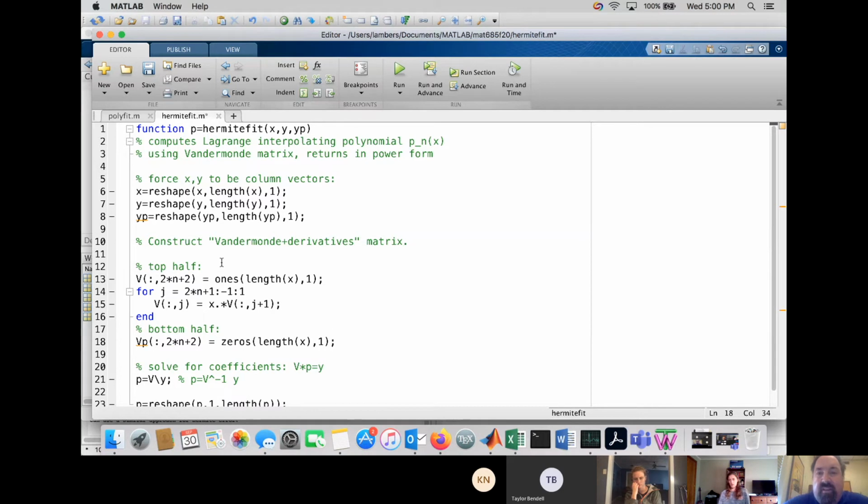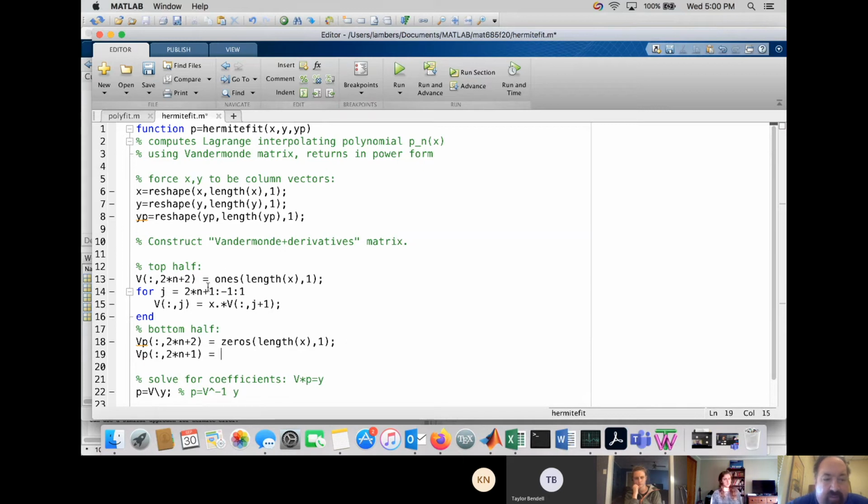Because you're defining your polynomial to be like a0 plus a1x plus a2x squared and so forth. When you take the derivative, you don't have a0 anymore. It differentiates to 0. So that unknown plays no part in the bottom half, because that coefficient is not part of a derivative. Now, the second to last column will have all ones.